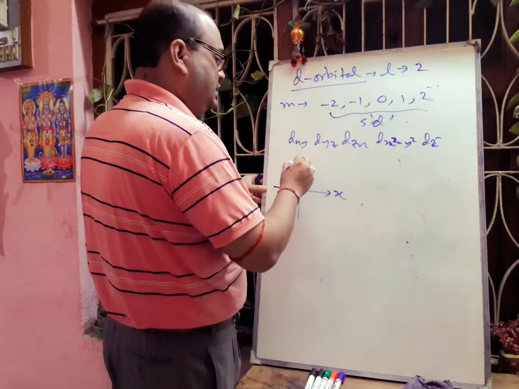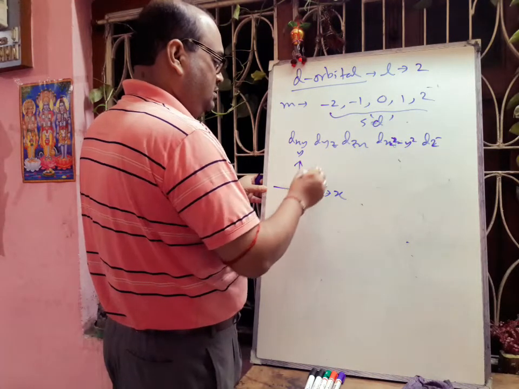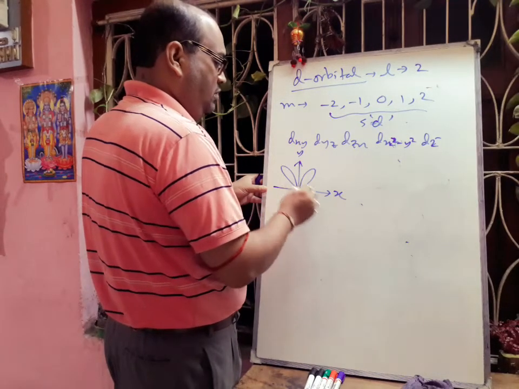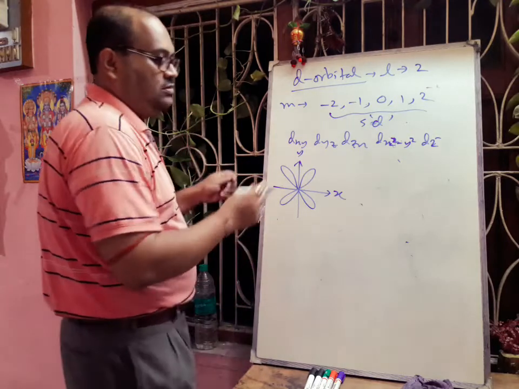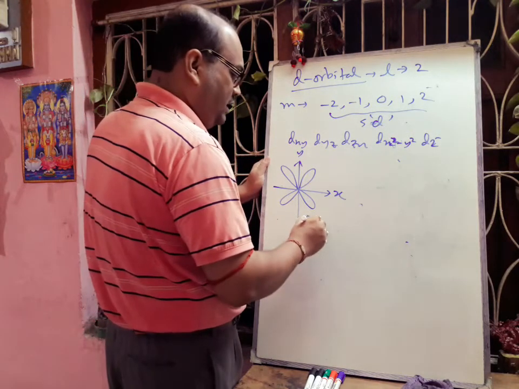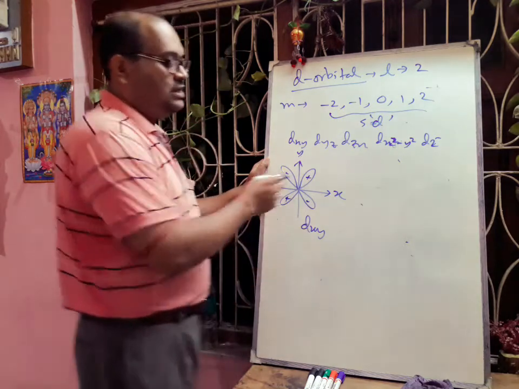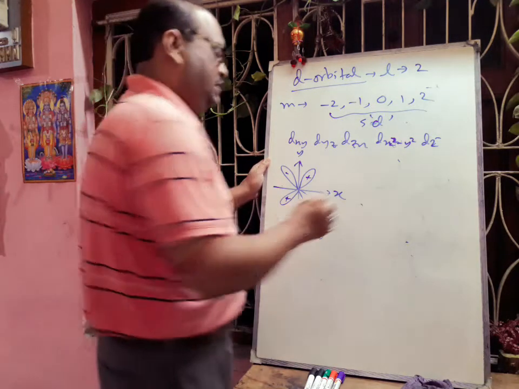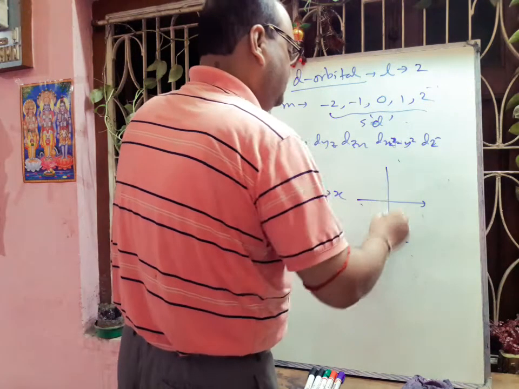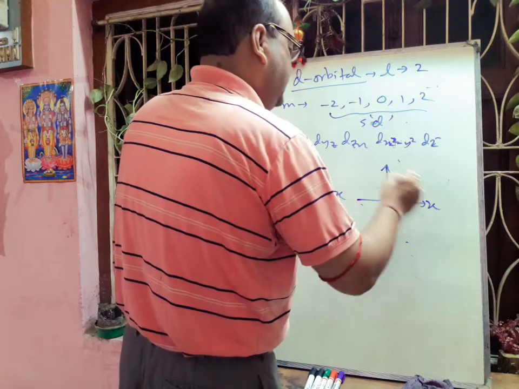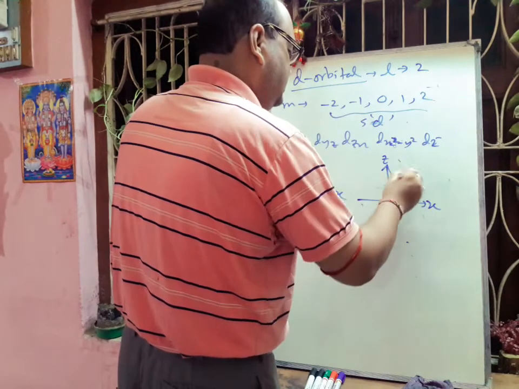Suppose this one is x and this one is y. The lobes will be in between the axes, not on the axes. So this is the dxy orbital. This one is plus plus, this one is minus minus, so this is double dumbbell shaped. Next, this is x and this one is z.